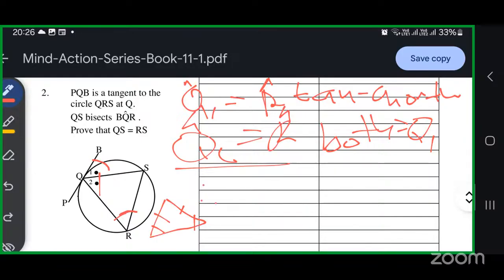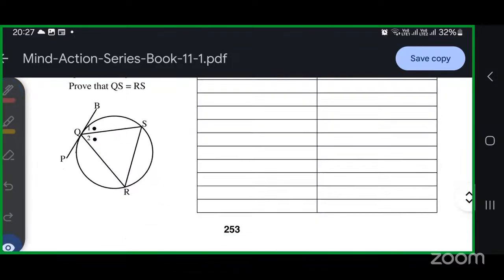Therefore, you now can conclude by saying SQ or QS is equal to RS. Reason being isosceles triangle, or sides opposite equal angles. Then you'll be done by doing that. Does it make sense? Yes, sir. Okay, thank you. Now we can just proceed to the next question.